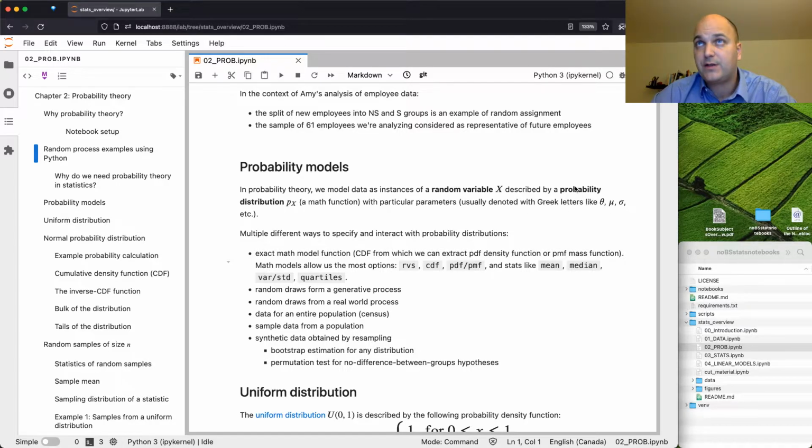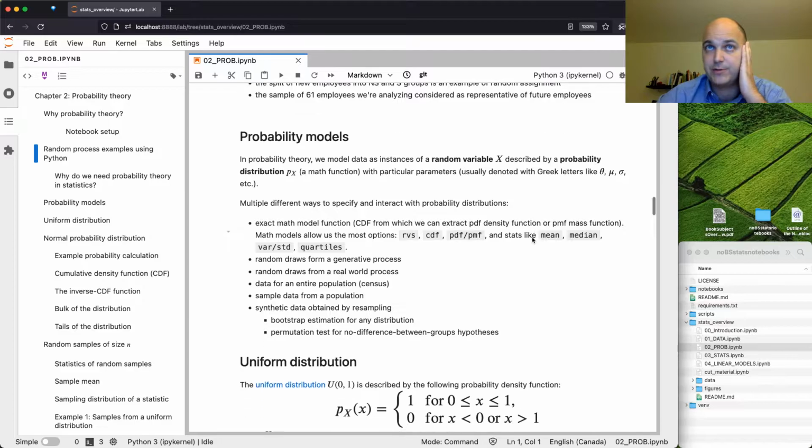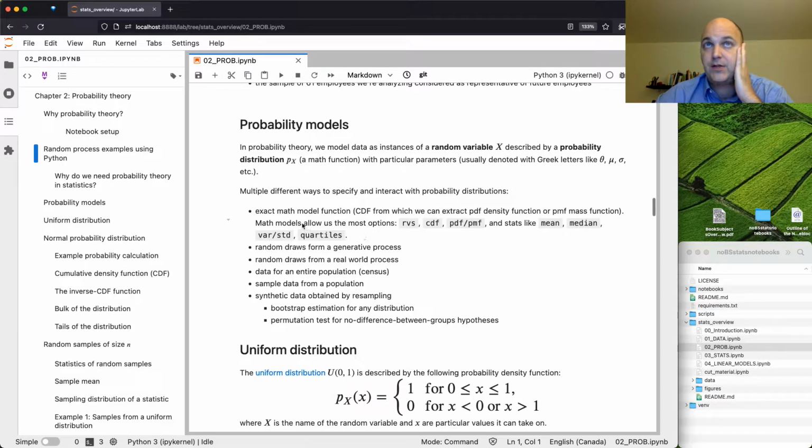Note the parameters of the distribution are usually denoted with Greek letters. So if you see theta or mu or sigma, something like that, they're all parameters of the model.